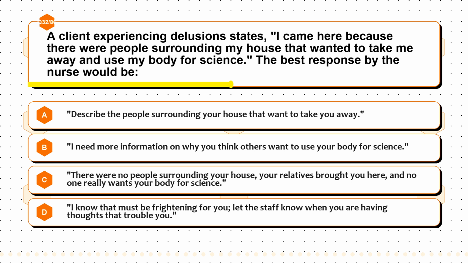Option B. I need more information on why you think others want to use your body for science. Option C. There were no people surrounding your house, your relatives brought you here, and no one really wants your body for science. Option D. I know that must be frightening for you. Let the staff know when you are having thoughts that trouble you.